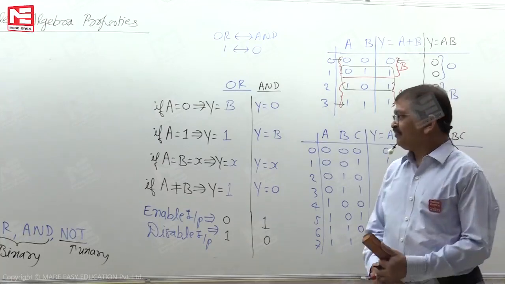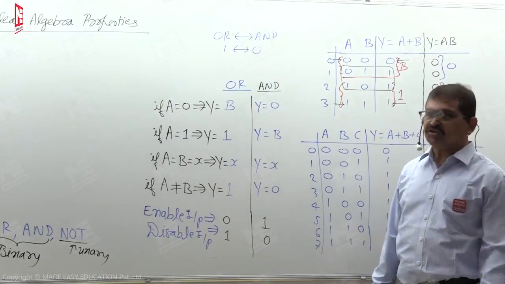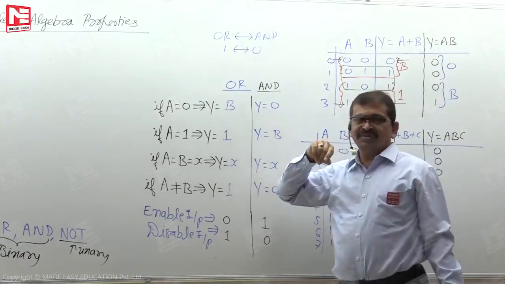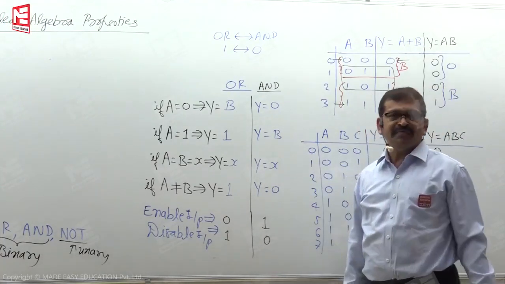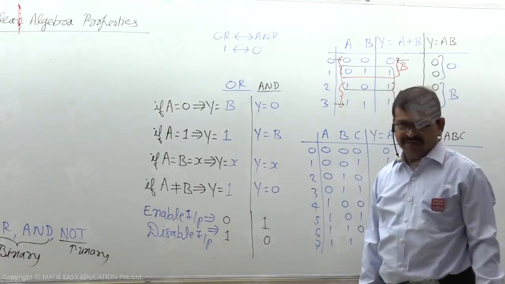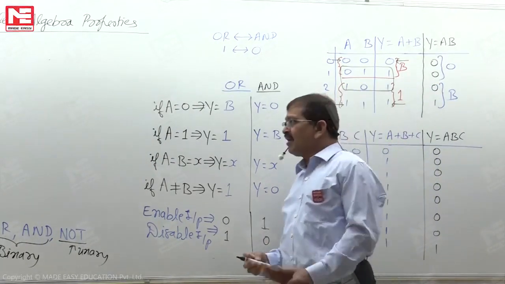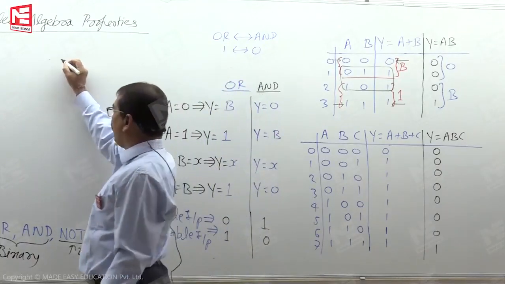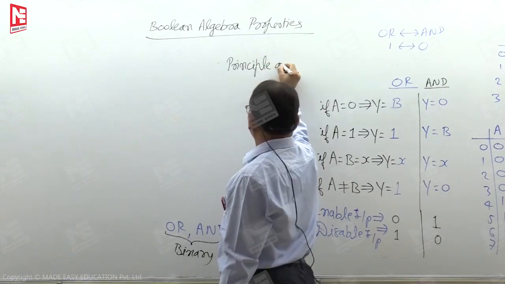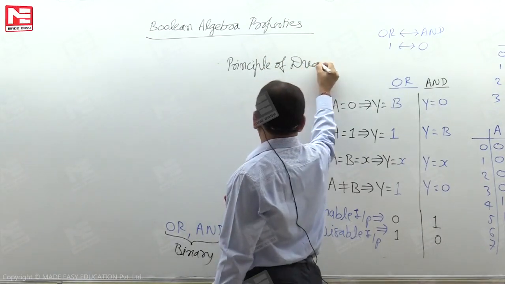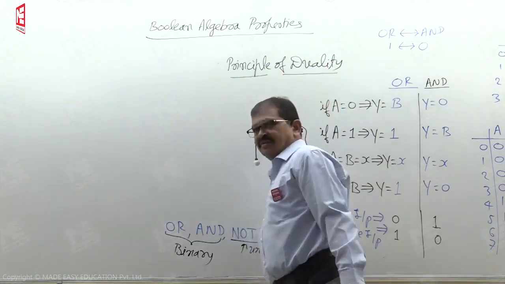In general, on any two expressions or equations, if we have such a relation, such a pair we name a dual pair. And this property we name the principle of duality.